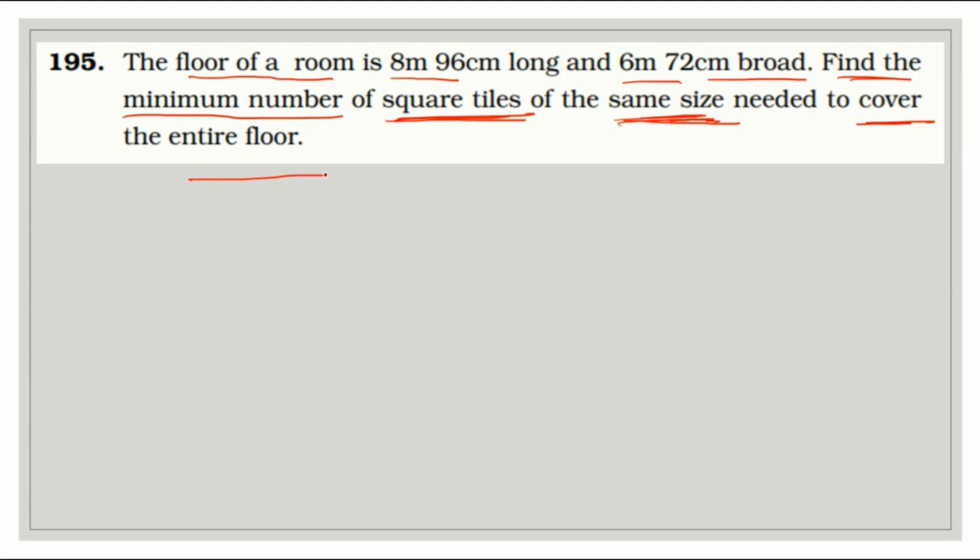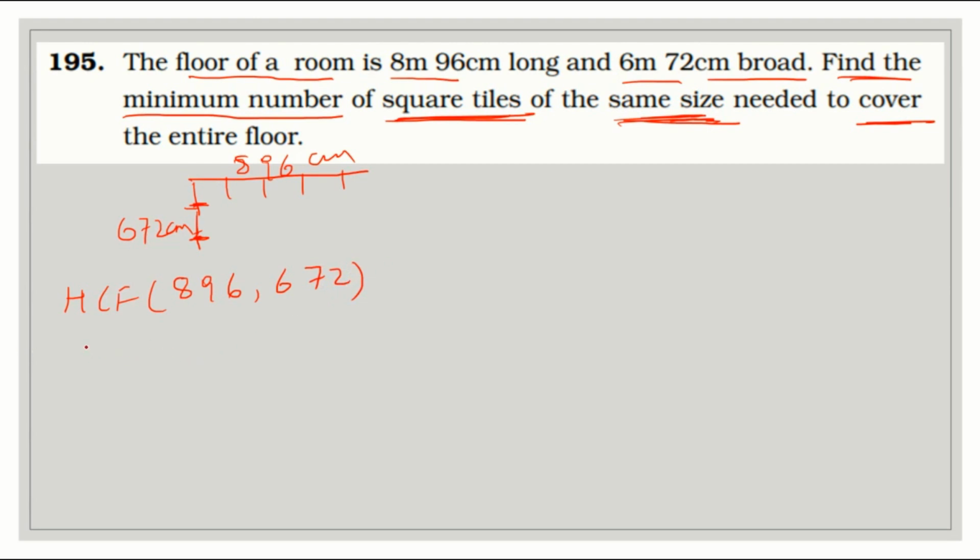That means along the length also it should be divisible, that is 896 centimeter also should be divisible by such size while covering, and along the breadth also the same size should divide. That means 672 centimeter also should be divisible, which means you have to find out HCF of 896 and 672 centimeter.